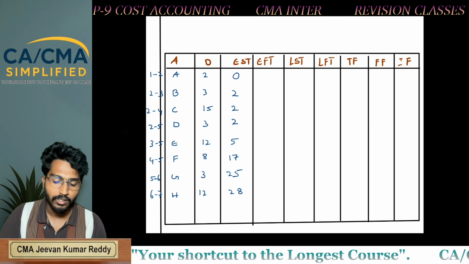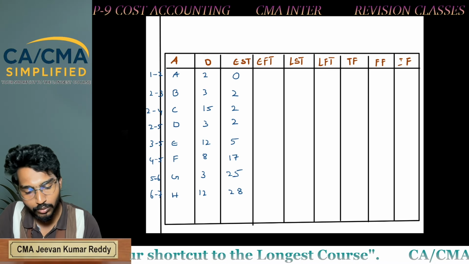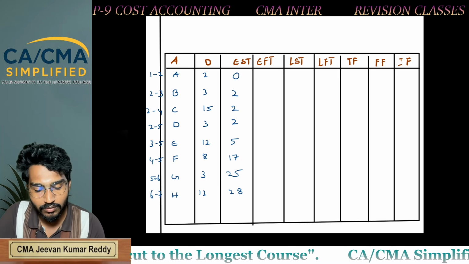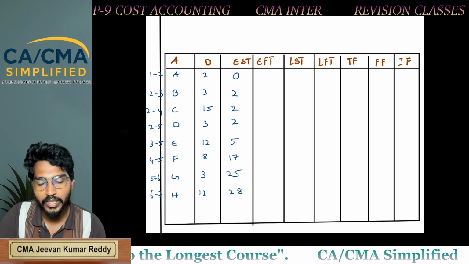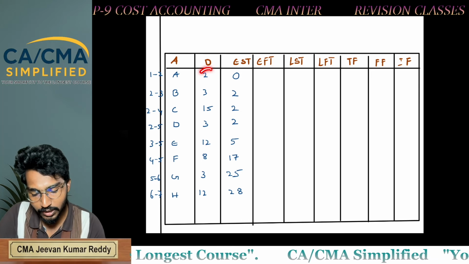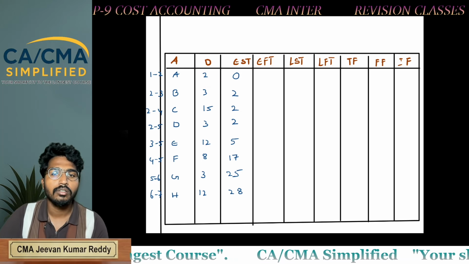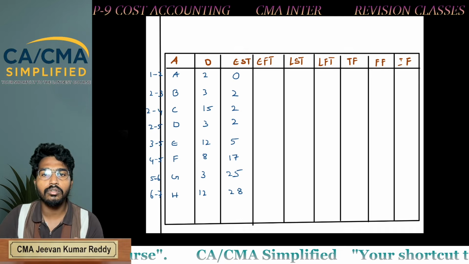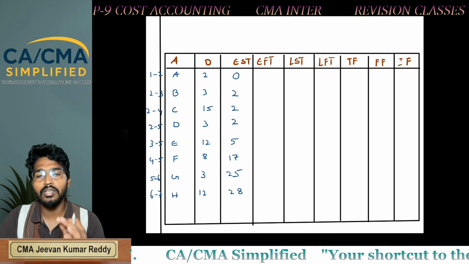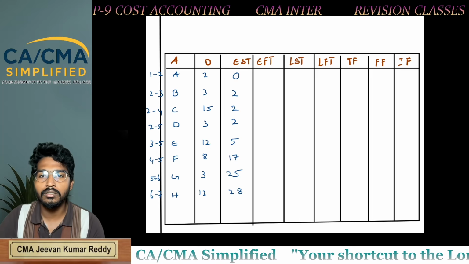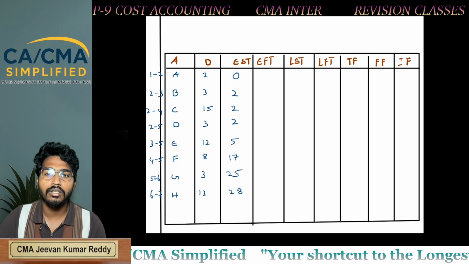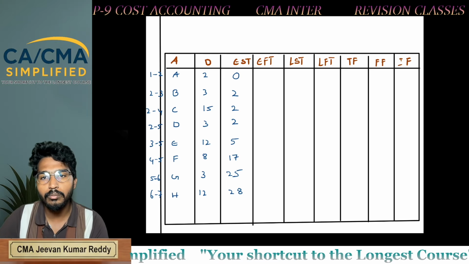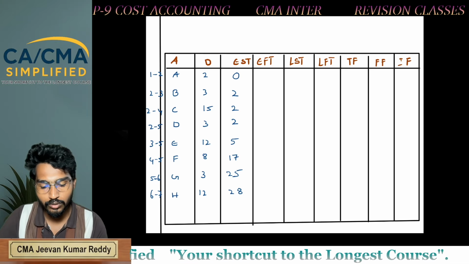Next, EFT. How to calculate EFT? You started one activity, when will it stop, when will it end? After completing its duration. Say you started at 9 o'clock from your home to college, and it takes 1 hour. When you reach college at 10 o'clock, how did you get that? You added 1 hour to 9 o'clock. Now how to get finish time?